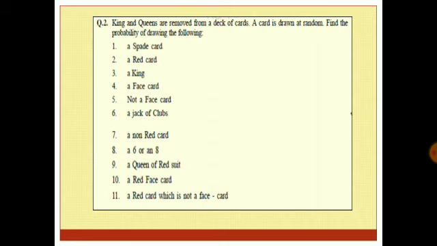A red card which is not a face card. There are 22 red cards in all. These 22 red cards contain 2 jacks, of hearts and of diamonds. So we now have only 20 red cards which are not face cards. That means the probability comes out to be 20 by 44, which is equal to 5 by 11.